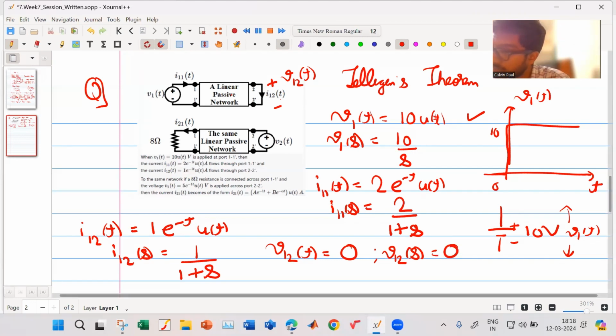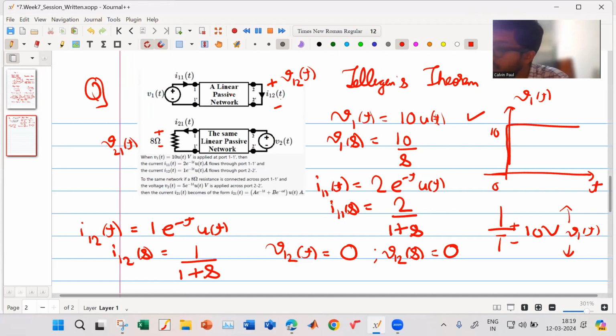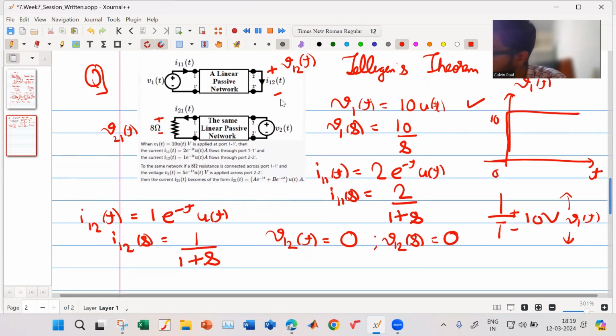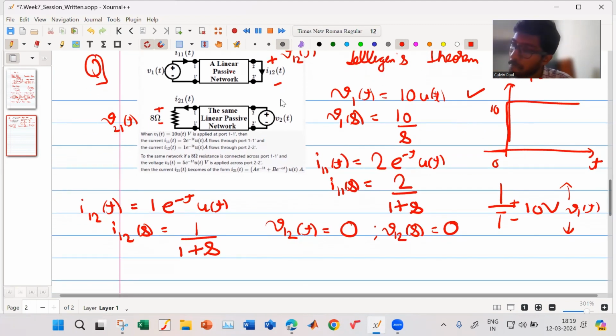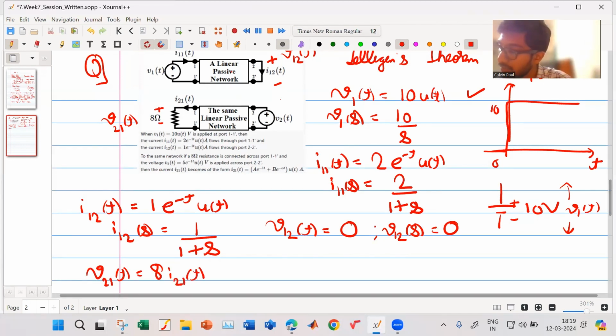Next, there is some voltage V21 of t. What is the expression of this voltage? It is I into R, that means 8 into I21 of t.